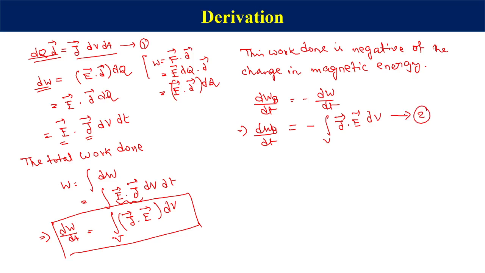All right. Now here we will introduce ourselves to the differential form of Ampere circuital law. Although you may not have encountered it yet, for the time being you just consider it to be true. According to the ACL, Ampere circuital law, it is written as del cross B, the curl of magnetic field, is given by mu naught J, where mu naught is the absolute permeability of free space.